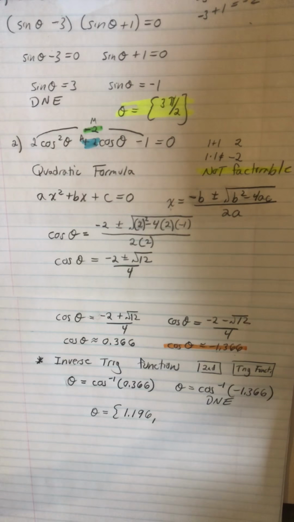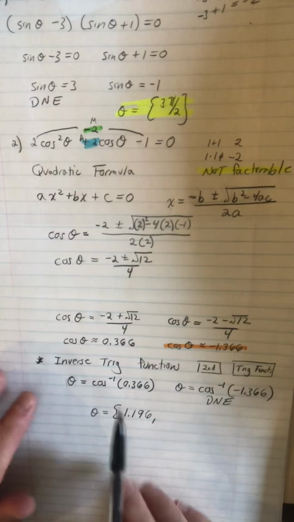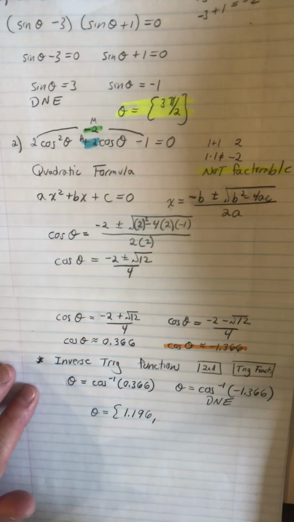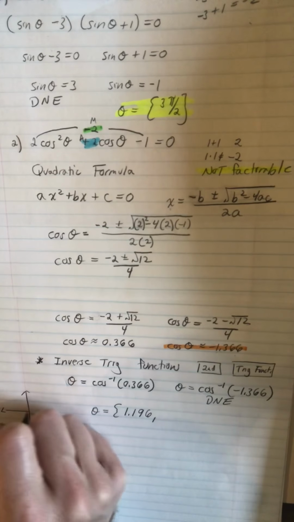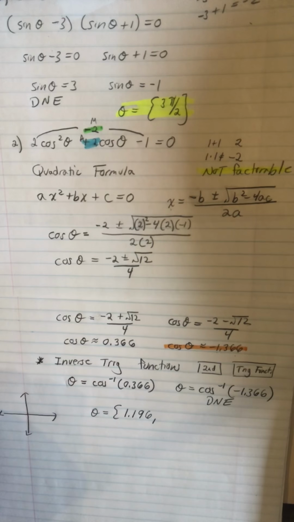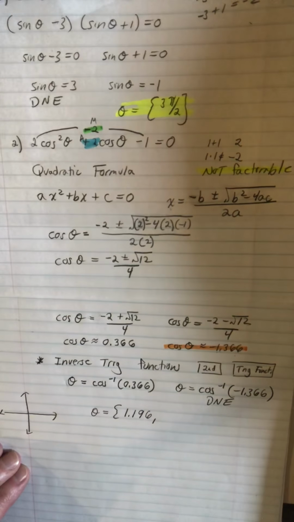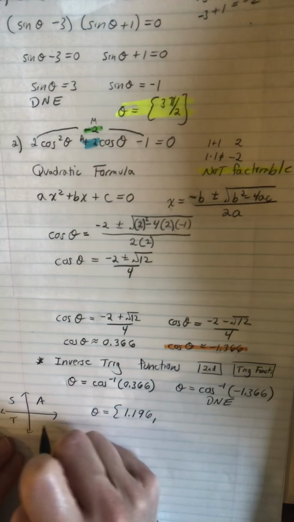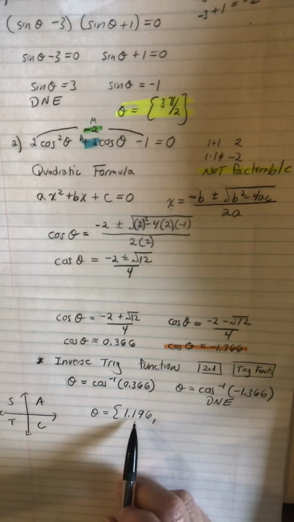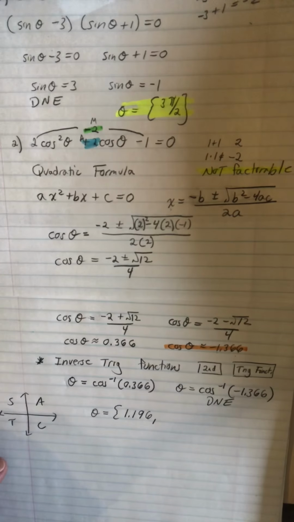Now the question here is, is that my only answer? Now we have to think of a full revolution around our unit circle. Cosine is positive in 2 quadrants. Here I have 1.196, right? So if I think of all students take calc, this 1.196 is going to be in quadrant 1.